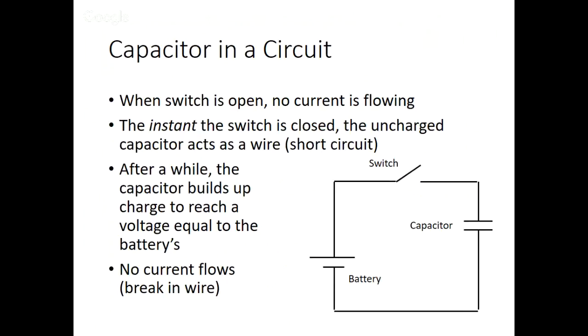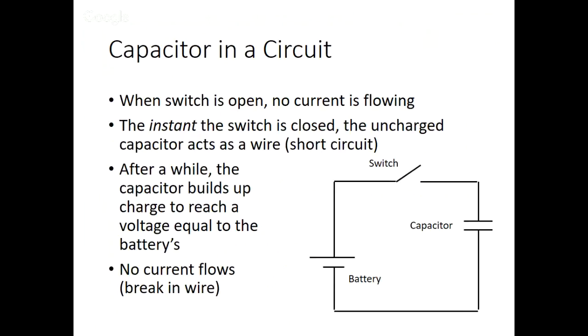No more current is flowing, and you've just got a charged capacitor and a battery that's not outputting current, just sitting together, not doing a whole heck of a lot. And that's essentially how a capacitor behaves in a circuit.